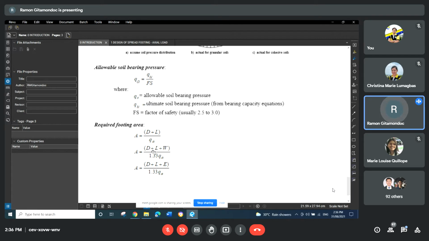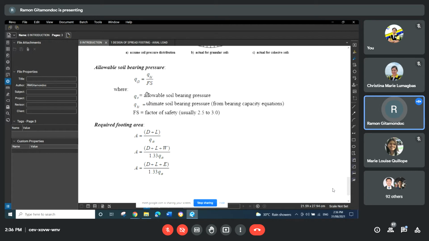Then for dead plus live plus wind combination, the code allows us to increase the allowable bearing capacity by 33%. So that is why you have there 1.33. And for dead plus live plus earthquake combination, also an increase in the allowable soil pressure is permitted, so 33%. So that's how we determine the required footing area. That's a basic calculation in the design of foundations.